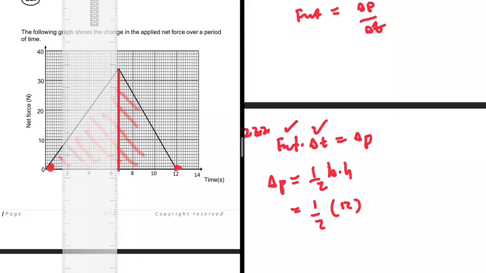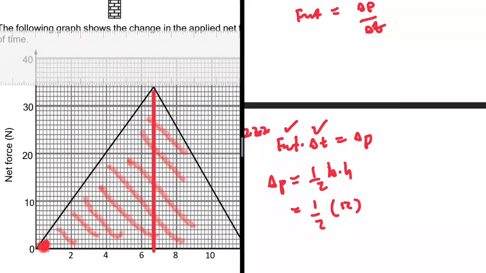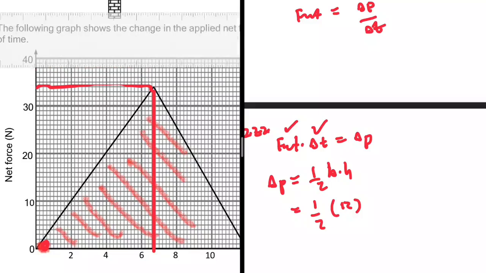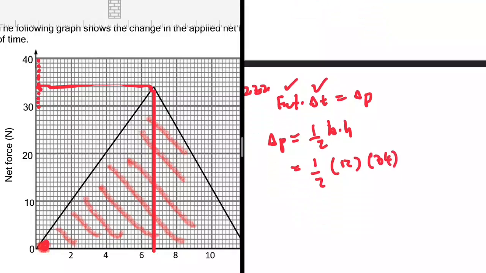We need to go to the graph and see where it cuts on the y-axis. So let's take a look. This is 30, 31, 32, 33, 34, 35, 36, 37, 38, 39, 40. You can clearly see that it cuts at 34. So we have 34 right there.